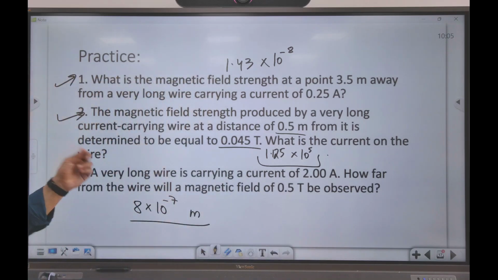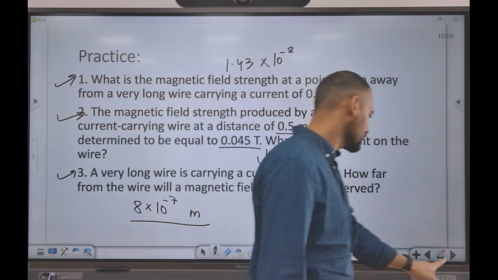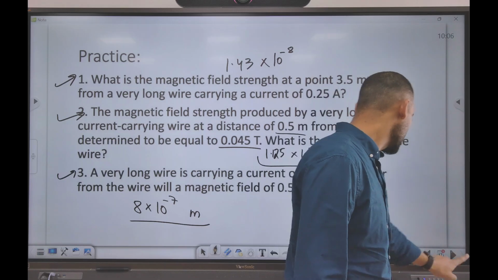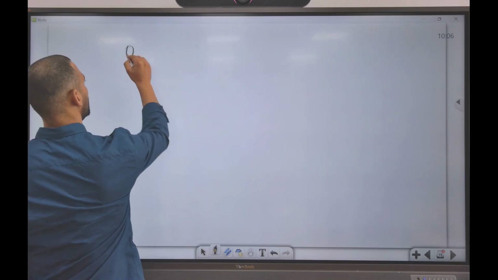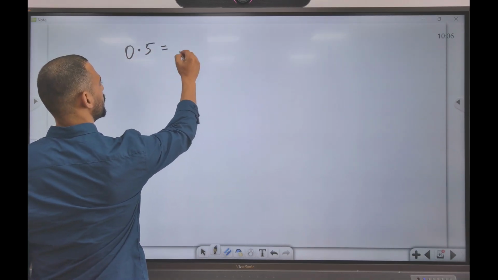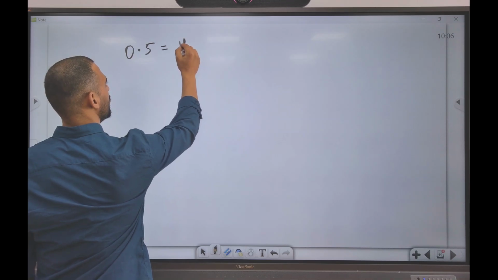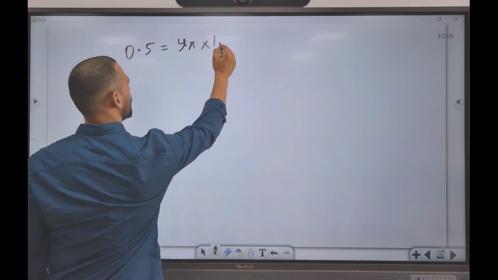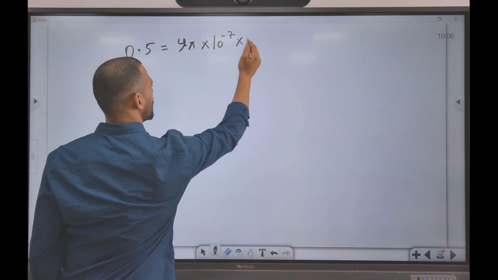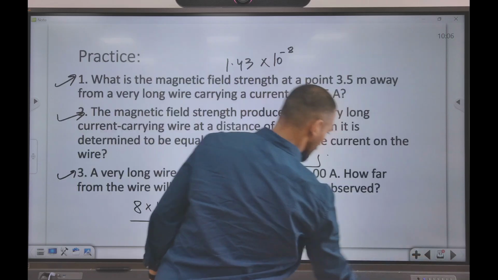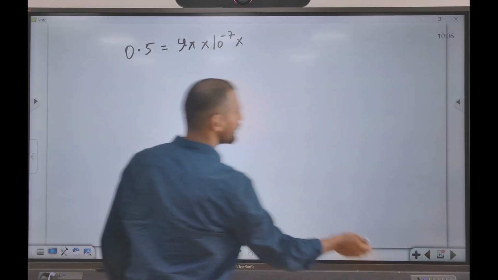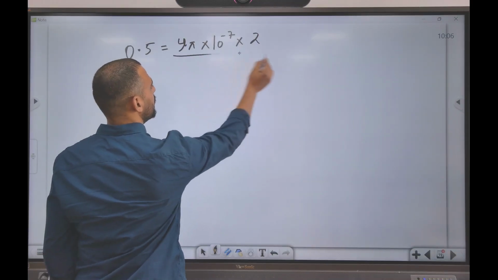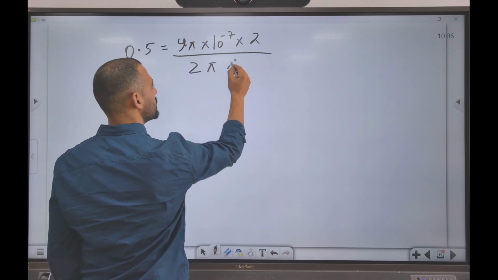And the last one, current already given, magnetic field already given. We have to find the distance. So it is 2 ampere and 0.5 Tesla. The magnetic field is 0.5, so it will be mu naught, which is 4 pi 10 to the power negative 7, times the current, 2 amperes, divided by 2 pi, and this distance has to be found.